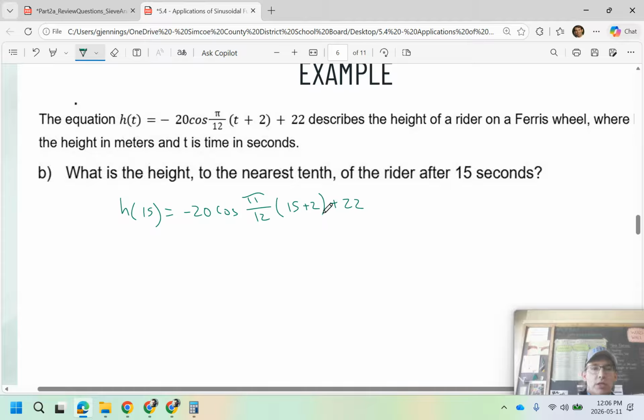So now h at 15 is equal to negative 20 of cosine 17 pi by 12 plus 22. And since it asks to the nearest tenth, we can just evaluate that. Is it possible to get an exact value here?